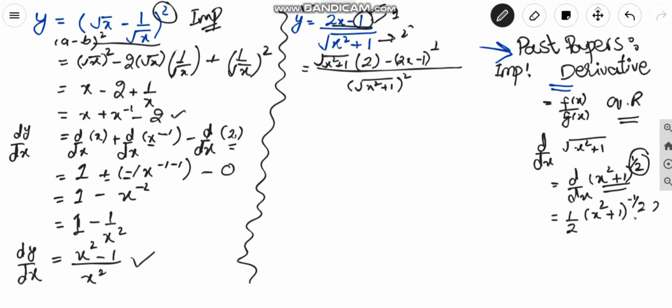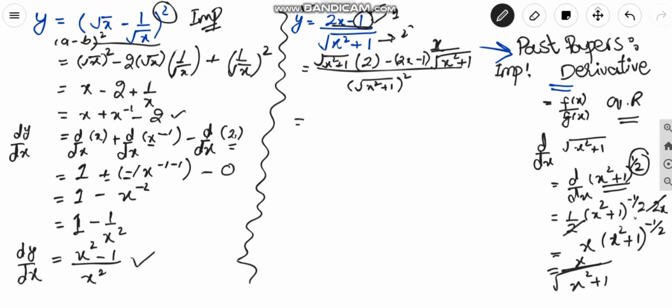The further derivative of x square is 2x. 2 will be cancelled with 2 and our answer is x into (x square plus 1) whole power minus 1 by 2. You can also write it as x by square root of x square plus 1. So just write the answer here, x by square root x square plus 1.